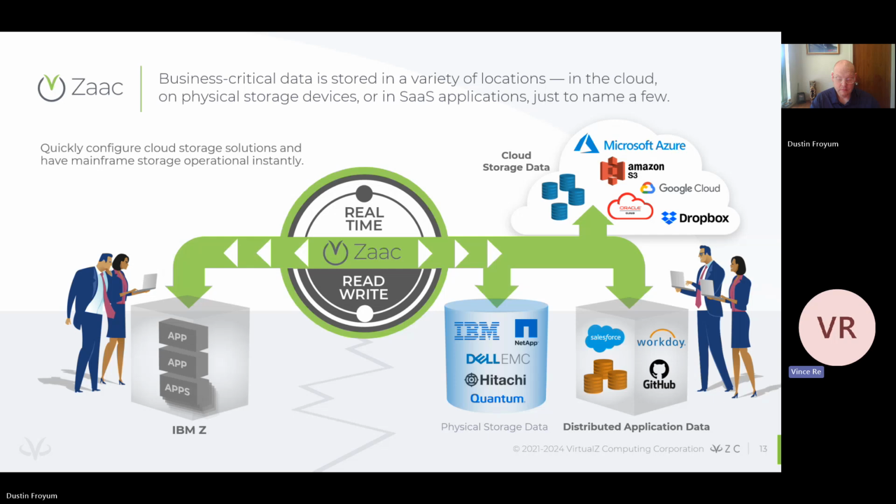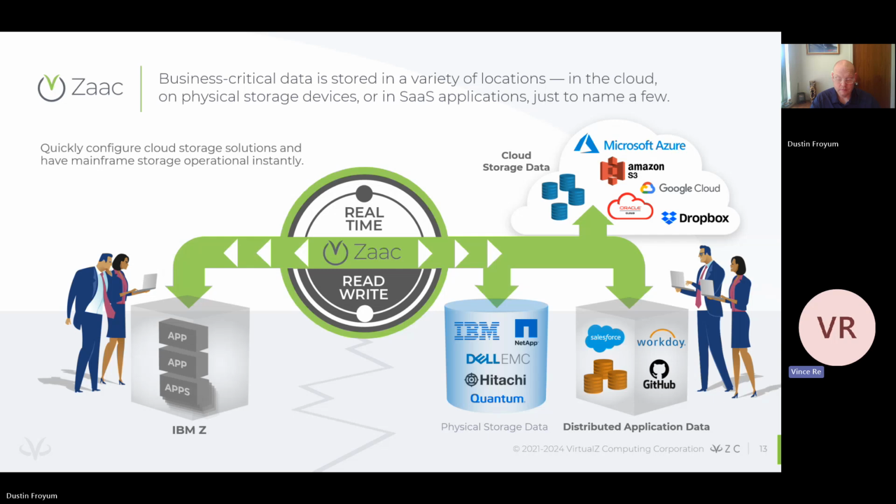If you just need, maybe you got a new version of an application, you need to test it, you need a few terabytes of data tomorrow, and you just need it for a week, by all means you can do that. Spin up whatever you want, your favorite cloud provider, define that to Zack, and literally seconds later, you're able to leverage that storage.